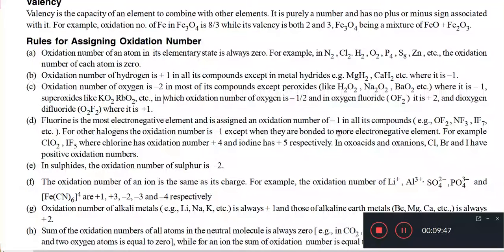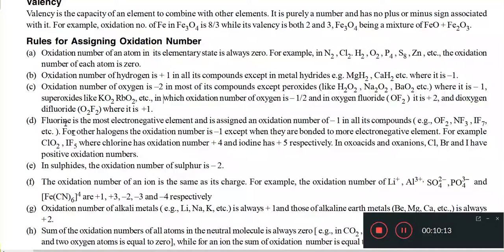It is because fluorine is the most electronegative, so it can never give an electron to anyone, and it requires only one electron to complete its octet. So fluorine can take only one electron, and due to its high electronegativity, fluorine never loses an electron.